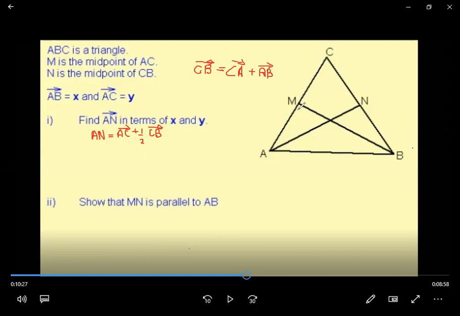Let's put in our arrows. This is AC. This is AB.